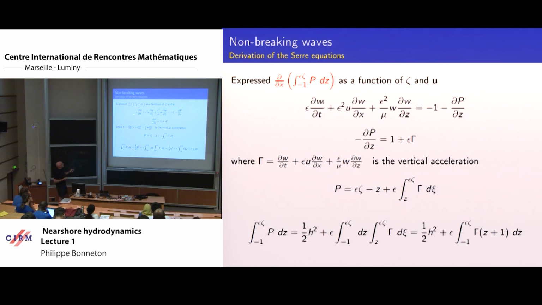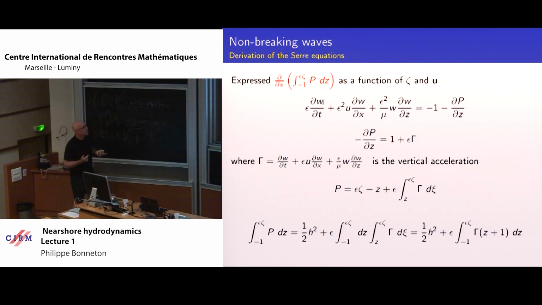We can rewrite this equation as minus dp dz equals 1 plus epsilon gamma, where gamma is the vertical acceleration. Then we can integrate this equation between z and epsilon zeta. So for the integration of 1, okay, epsilon times the integration of gamma. And using an integration by parts, we find that the integral of p is like that.